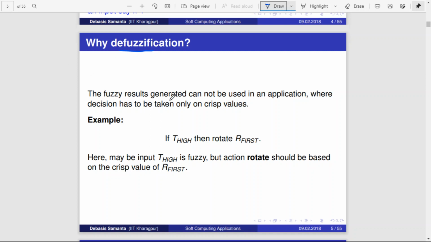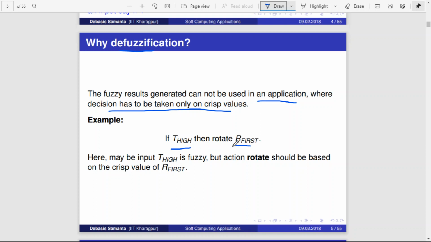The fuzzy results generated cannot be used in an application where a decision has to be taken based on crisp values. So this is the reason why we should convert a fuzzy result to a crisp result. For example, if temperature is high, then rotate some particular machine, say R first.